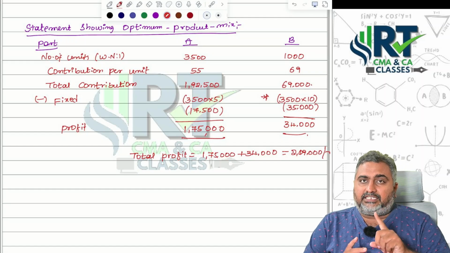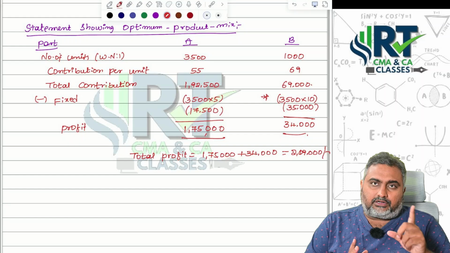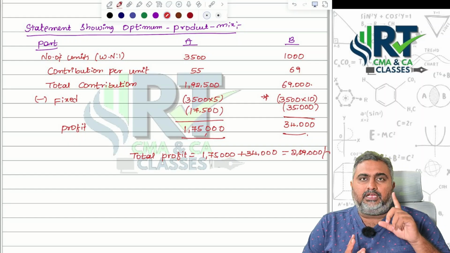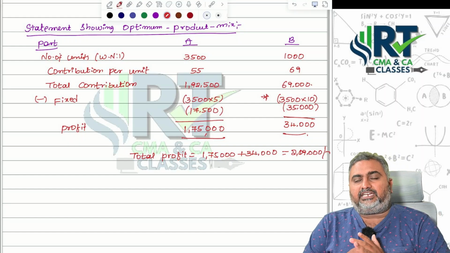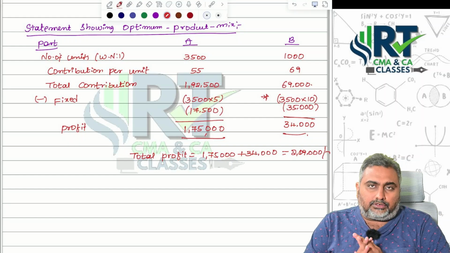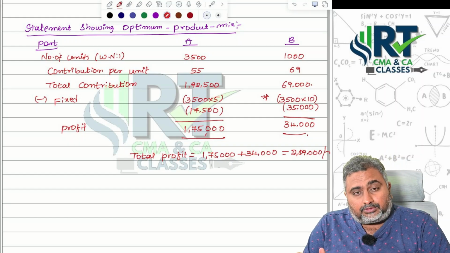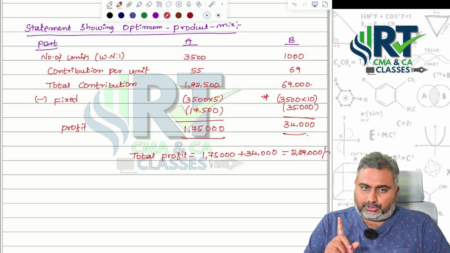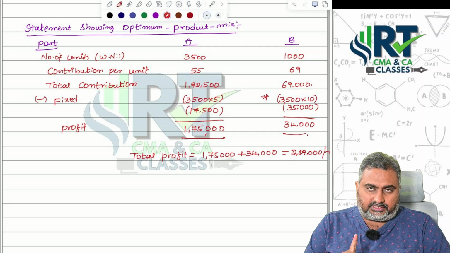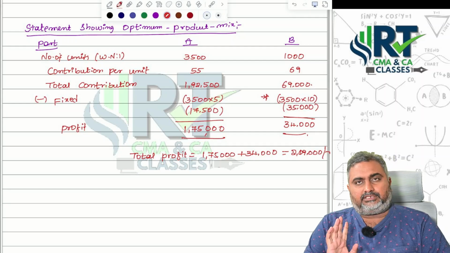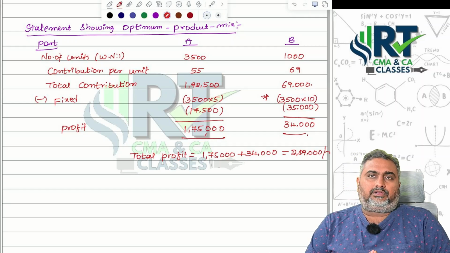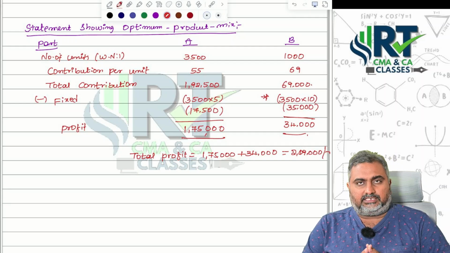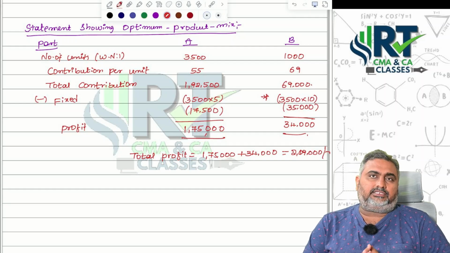For the first product, each unit requires 2 kgs, so contribution per kg is 27.5. For B, 3 kgs each unit, so 69 divided by 3, you are getting 23 per kg. So once you find that, you need to rank the products. Rank 1 is product A, rank 2 is product B.